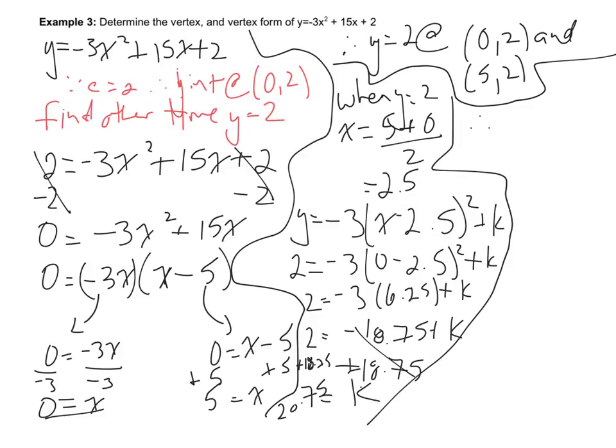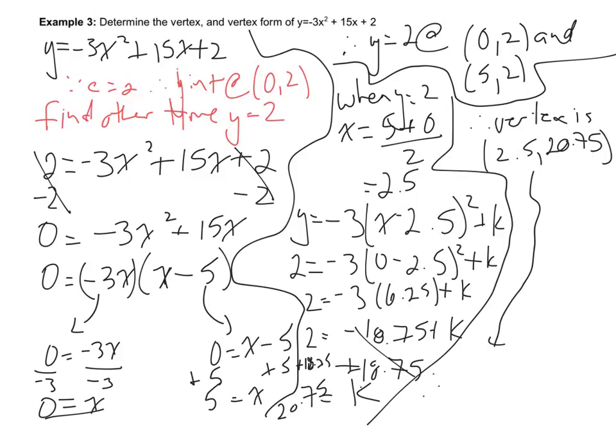Whew. So therefore, the vertex is (2.5, 20.75). I don't have enough room to write it up here, so I'll write it down here.